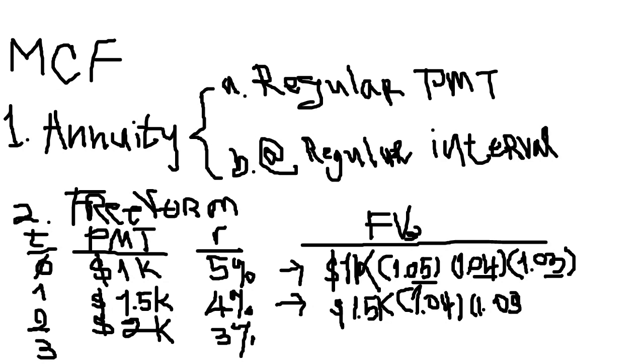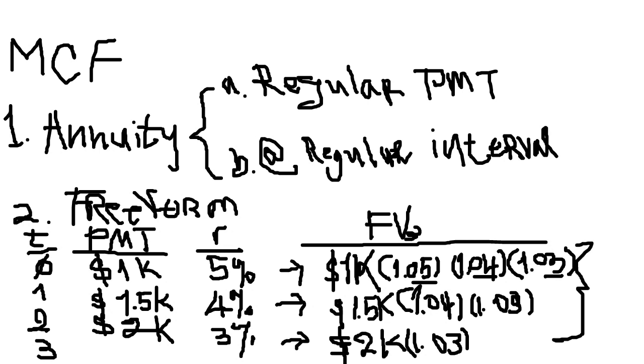This is a fairly easy question to understand, but there's a problem like that in one of the chapter problems. And this 2K will earn interest of 3% for only 1 year. And then the future value in year 3 will be the sum of all of these, right?